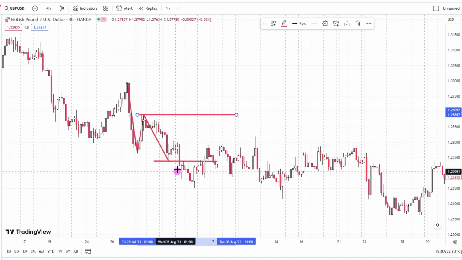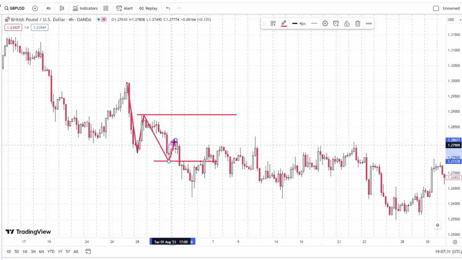When the market breaks and closes our resistance line, we can mark our next lower high point. After making a low, when the market prints two consecutive candles in retracement, we can mark our lower low point.